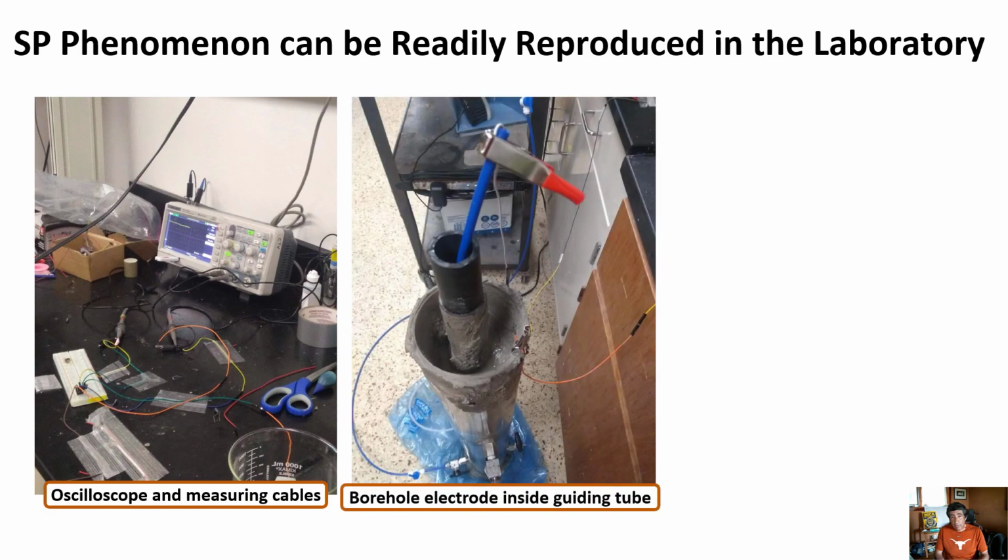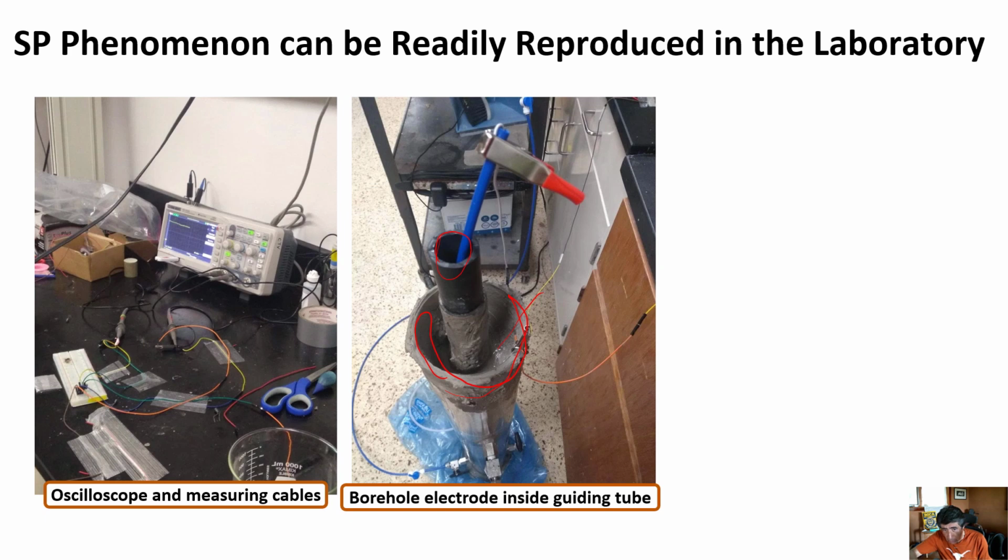Good. Now, this phenomenon is actually very easy to reproduce in the laboratory. Let me show you. You need an oscilloscope, some electrical cables, and this instrument that you see here. This pipe is supposed to be the borehole, and the outer pipe is supposed to be the outer radius of the formations, and you can fill in any kind of property with water that you want.